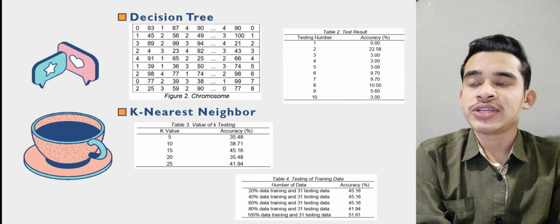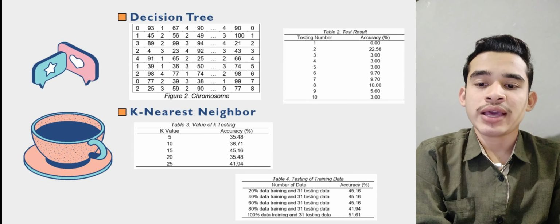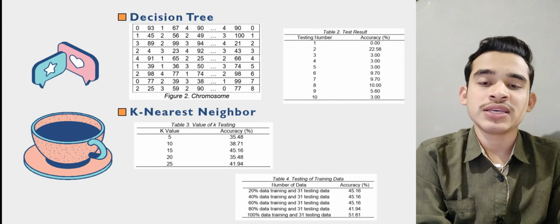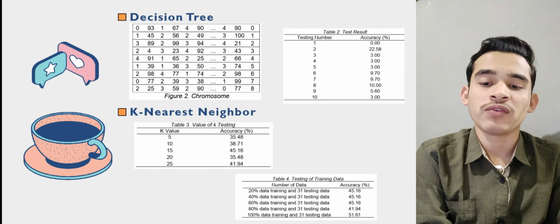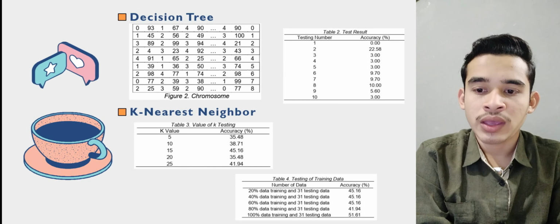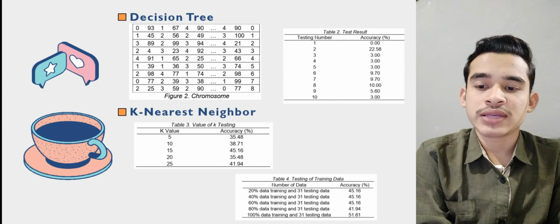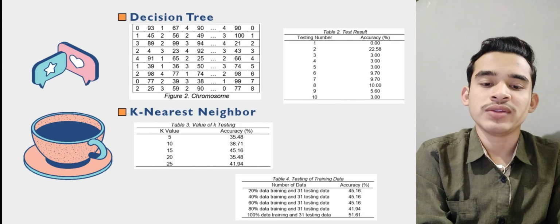Next, decision tree. Testing was done 10 times using 31 testing data. In the construction of the decision tree, a genetic algorithm is used that has 5,149 genes in its chromosome. The result of the figure can be seen using the chromosome size matrix with size 9 by 61 as the length on the matrix shown for one step of this.